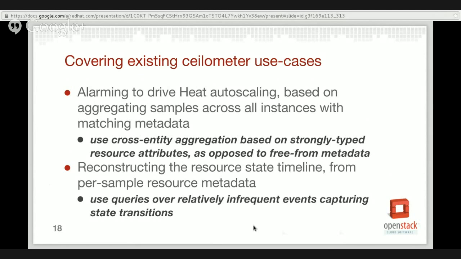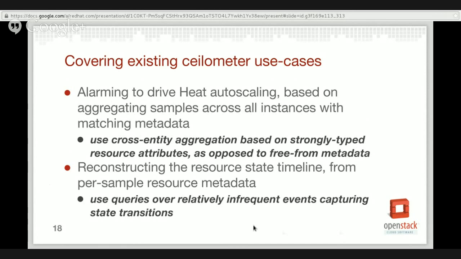So for example, if you want to determine when a particular instance was resized, instead of having a query that goes through a lot of sample metadata, which is largely unchanging, instead you can go through a much smaller volume of data that represents the relatively few and far between events that capture those key transitional points in the resource state timeline, as opposed to the large, long periods of inactivity in terms of changes to the resource state.